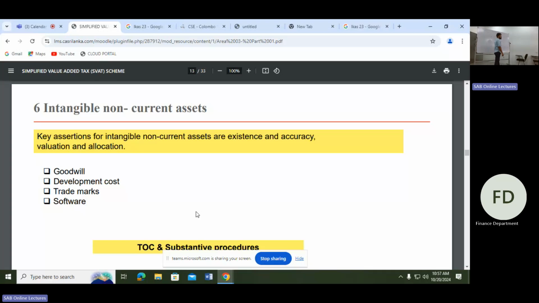Right? So then consolidation will be done by A company. A company will consolidate A and B. That is called consolidated financial statement. A company's consolidated financial statement will reflect A plus B.